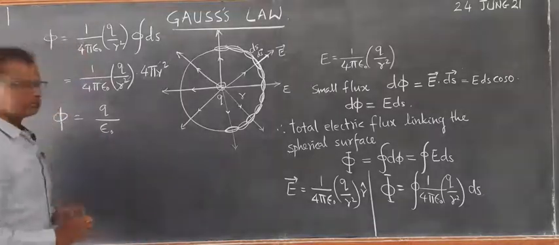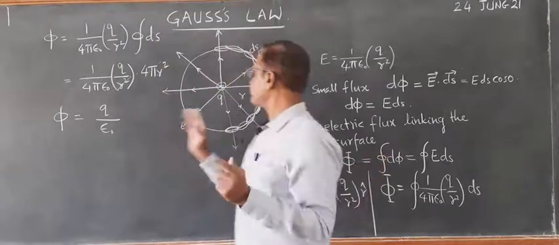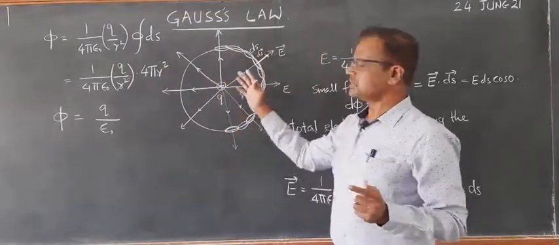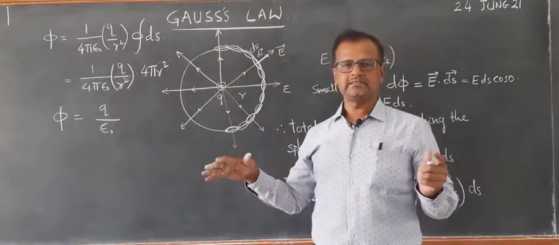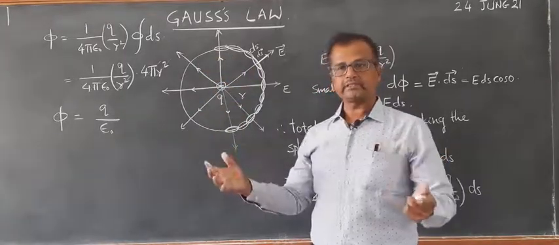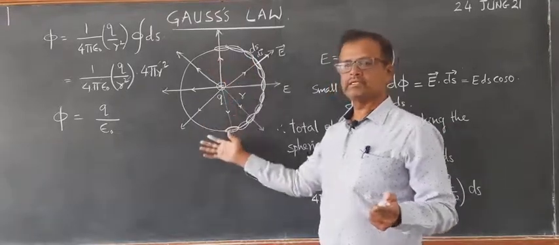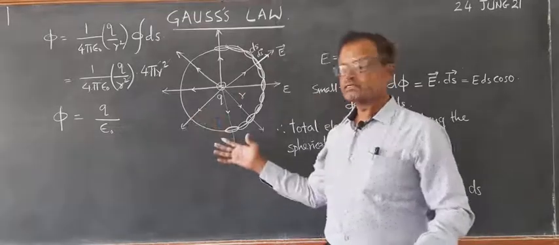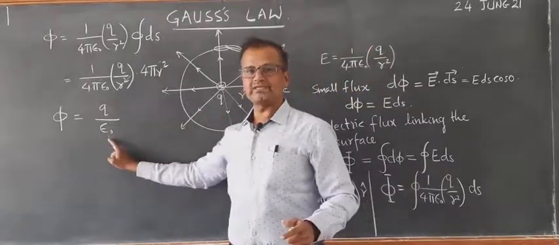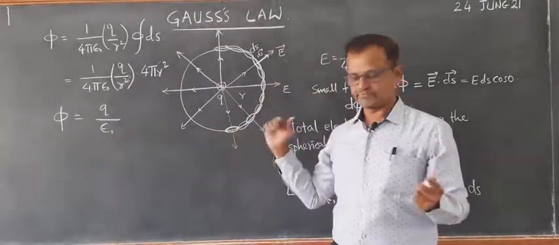Therefore, we conclude without much proof, by taking just an example of a charge enclosed by a spherical surface, that we can calculate the total flux. The total flux linking with that spherical surface is equal to 1 by epsilon naught times the charge enclosed by the surface.